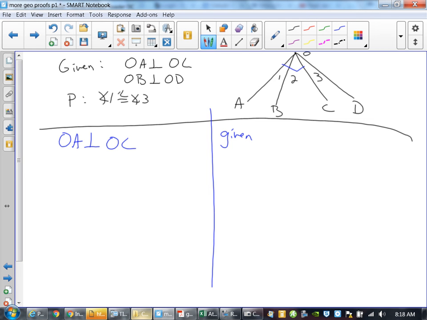Because it says OA is perpendicular to OC. Then look at the progression sheet. What should you have, if given perpendicular? What's the right angle that's formed? Angle AOC. So I can say angle AOC is a right angle.